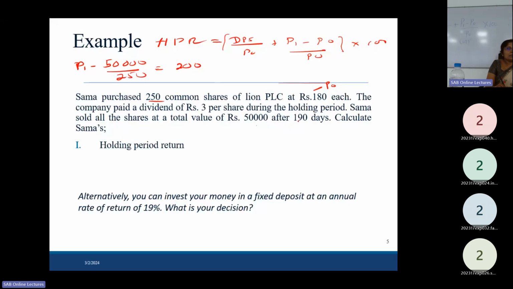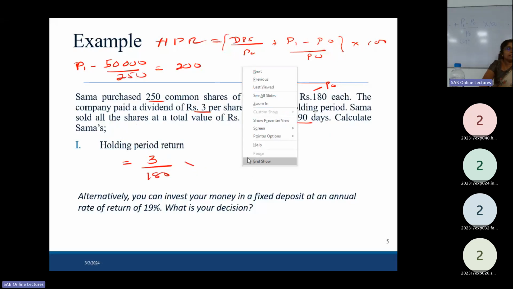During the holding days of 190, Sama received 3 rupees of the company dividend. Then her holding period return is equal to the dividend yield plus the capital gain yield. The dividend yield is 3 divided by P0, 180.